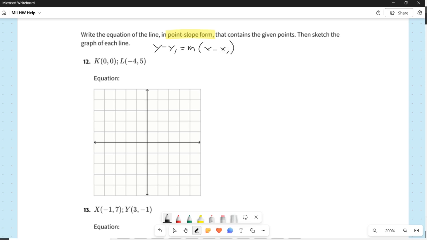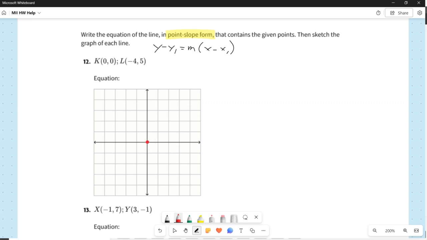And this time we are given 2 points. And we want to come up with an equation. I'm going to do this a little out of order. I'm going to actually graph it first because we're given 2 points, and 2 points are sufficient to graph. And so K is at the origin, 0, 0.